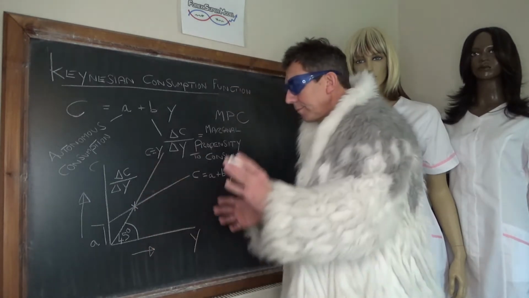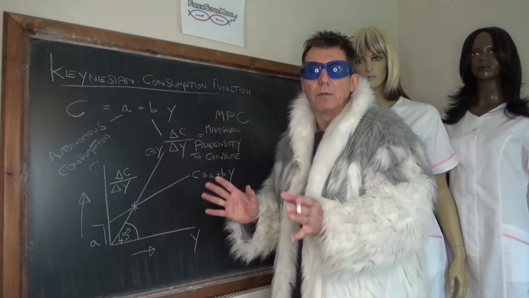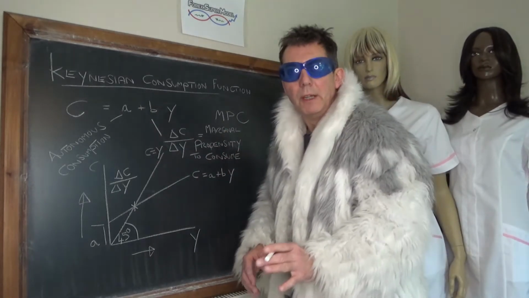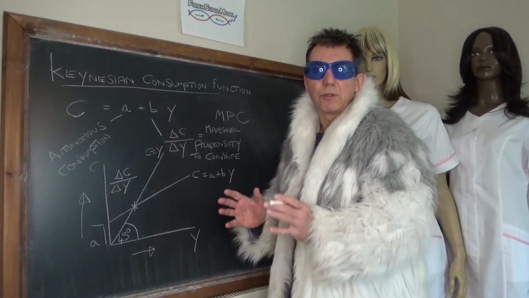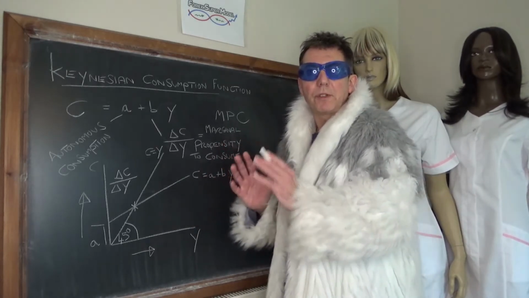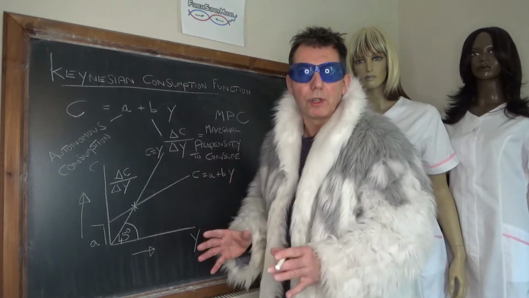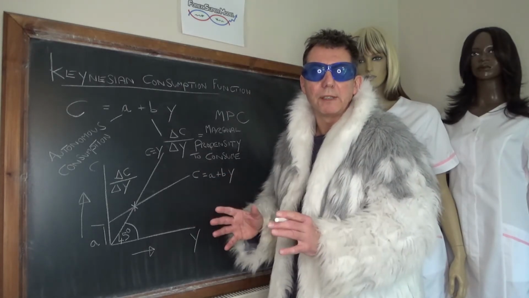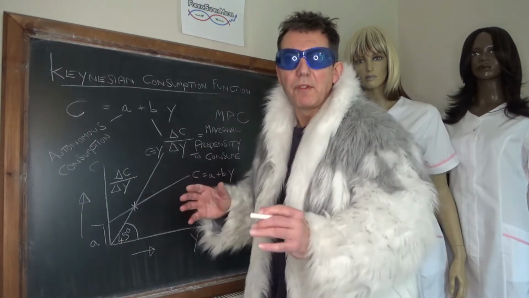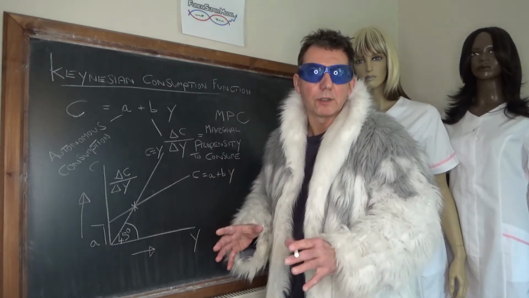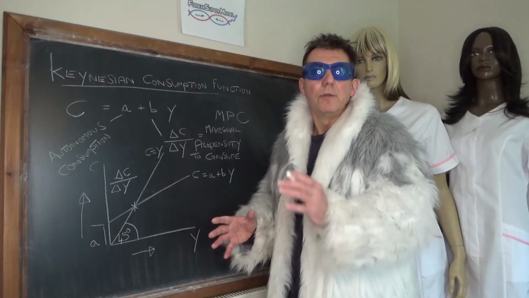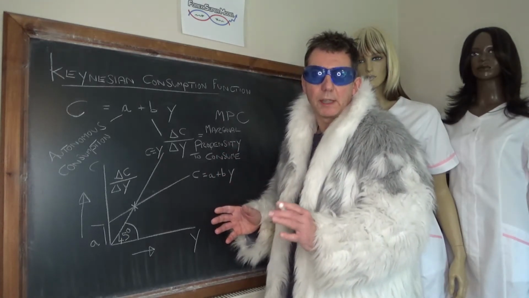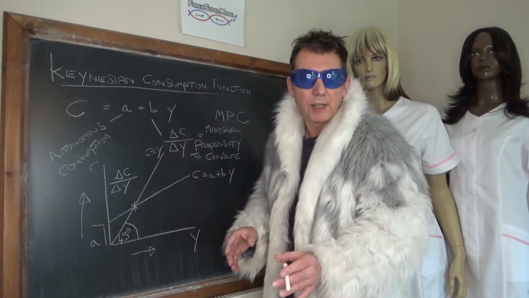Right. So the reason we talk about the consumption function and the marginal propensity to consume is because it has implications for policy. Basically, the poorer you are, in simple terms, the higher normally your marginal propensity to consume. If you give a relatively poor person an extra £1, they'll probably go out and spend it. If you give a very wealthy person an extra £1, they'll probably save it.